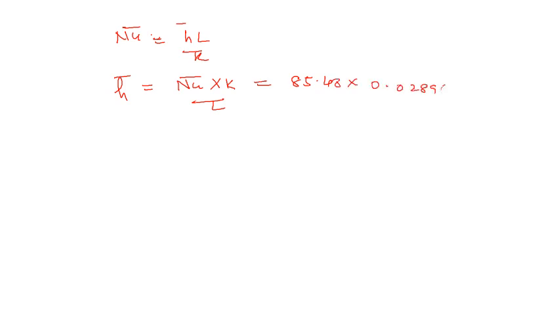We have Nusselt number equal to HL by K, using the average. To find the H value, H is equal to Nusselt number into K by L. Using that relation, 85.48 into 0.0896 divided by L, which is 0.2.